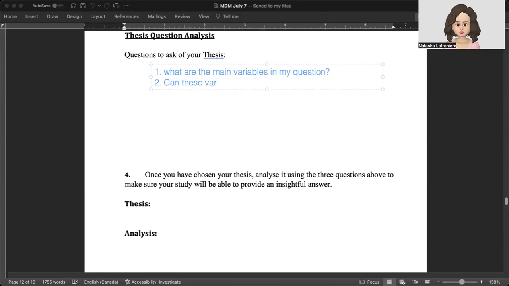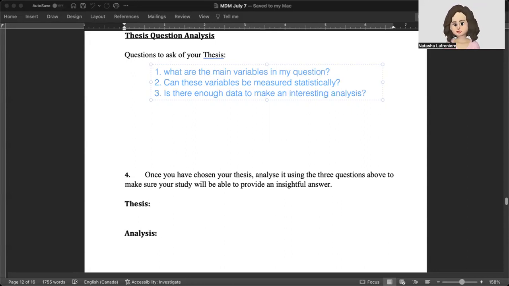Can these variables be measured statistically? Okay, so can you have numbers that are associated with it? And is there enough data to make an interesting analysis? Okay, so you're not going to pick something that doesn't have any data, right?